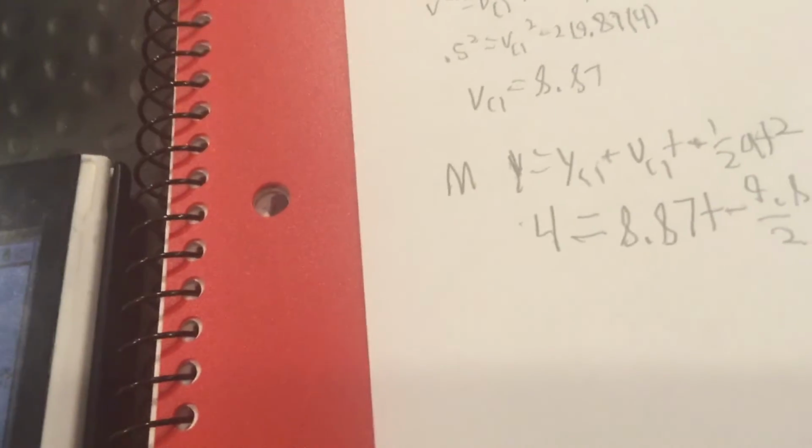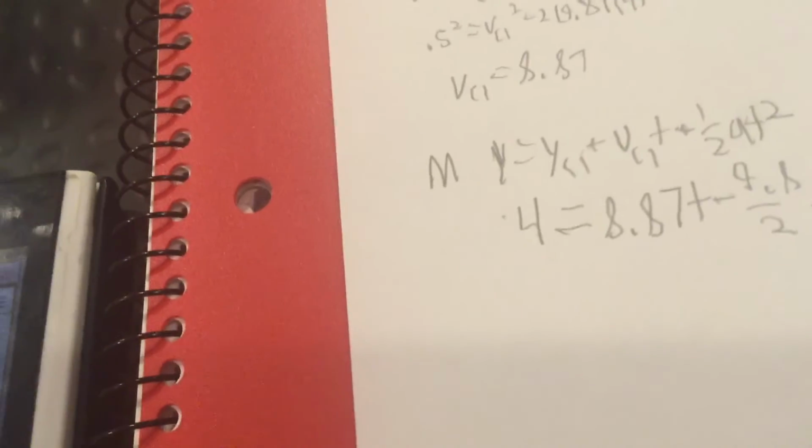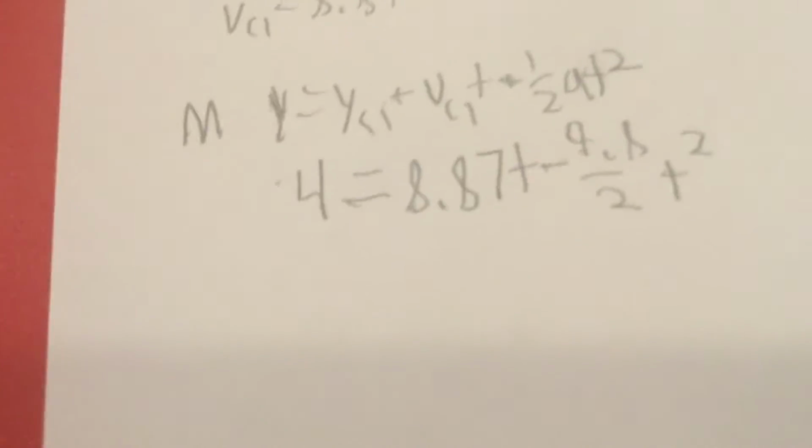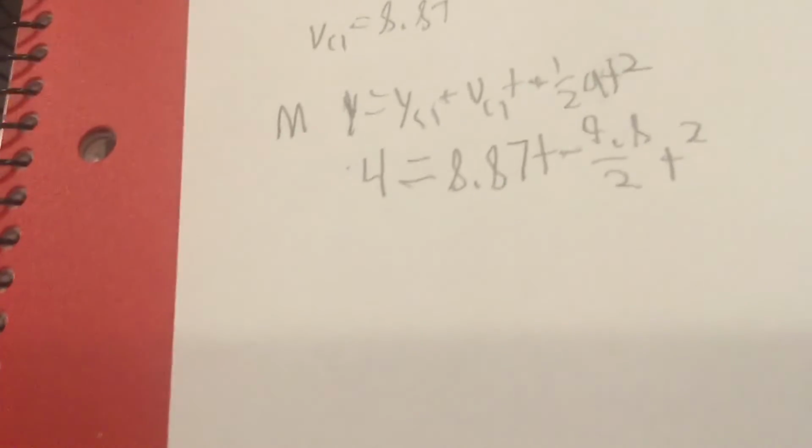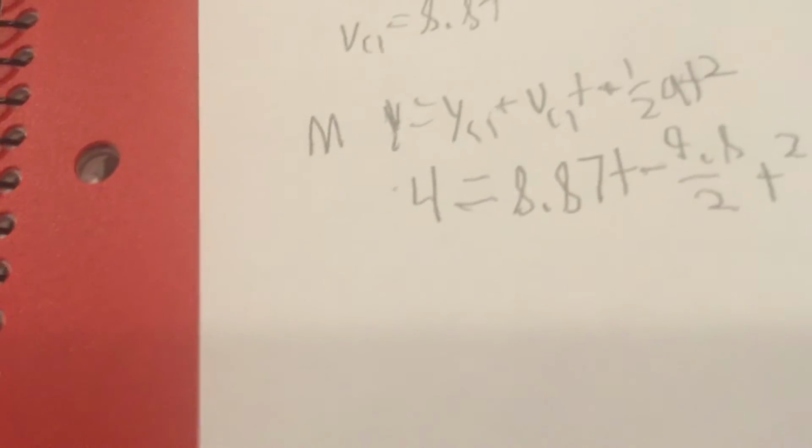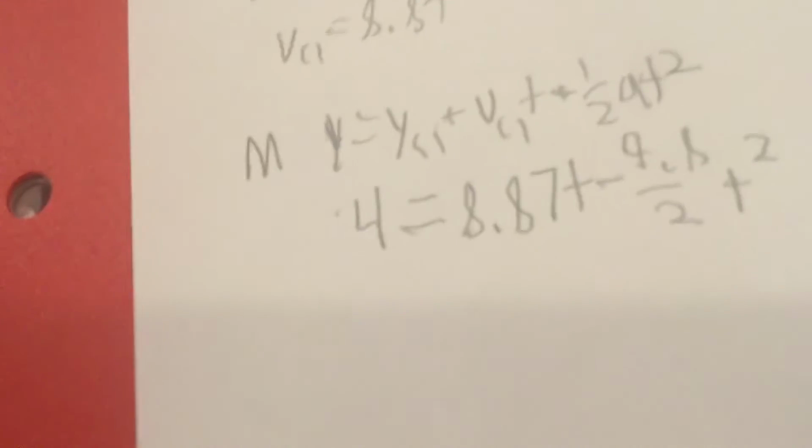I find it easier to graph it. So here I go: negative 4 plus 8.87x minus 9.8 over 2 x squared.